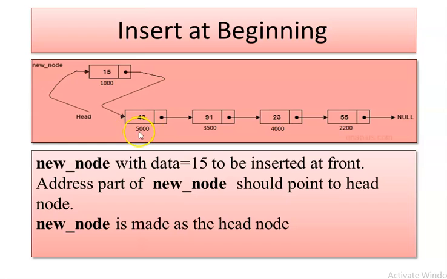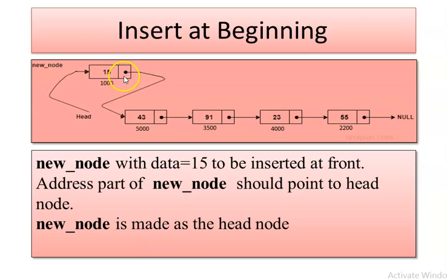Its address was 5000, so head was having the value 5000. But now when the new node is being added to this list, its address should be contained in this pointer head. So head should have the value 1000 instead of 5000, and 5000, which was the value of head, should be entered at this location.